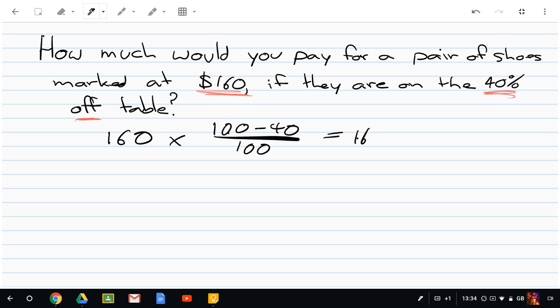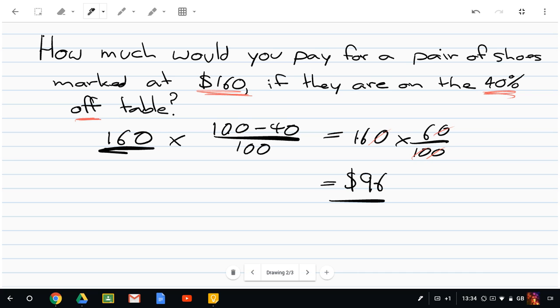Equals 160 times 60 over 100. And we can simplify that by cancelling those and cancelling those. And our answer is $96. Okay, so if the shoes were originally 160 with 40% off, they're now $96.